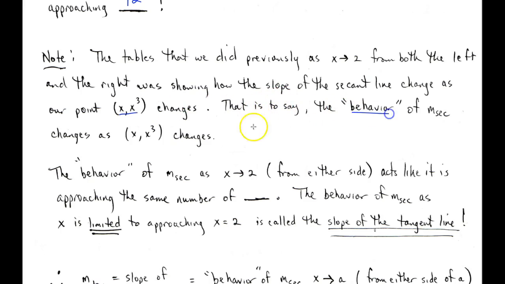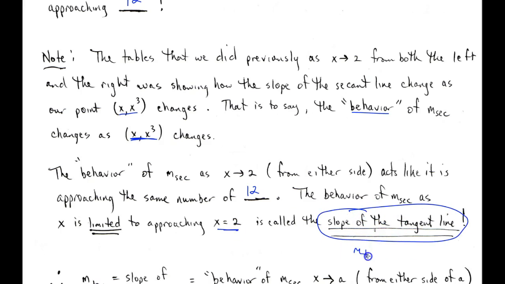That is to say, the behavior of the slope of the secant line changes as this point changes, okay? The behavior of the slope of the secant line as x approaches 2 from either side acts as if it's approaching that same number of 12. And the behavior of the slope of the secant line as x is limited to approaching 2 is called the slope of the tangent line.